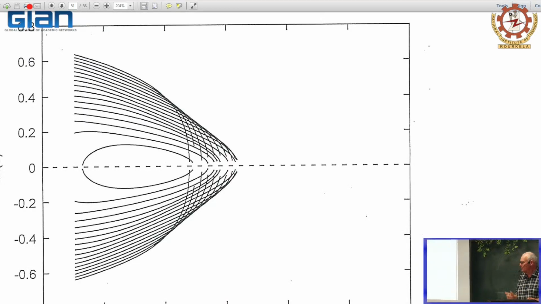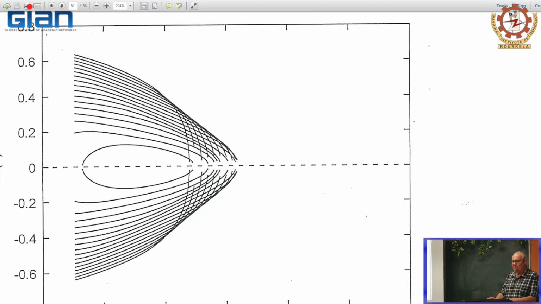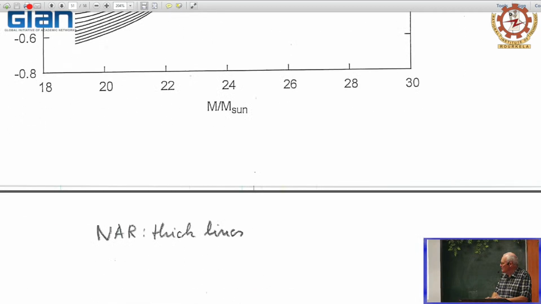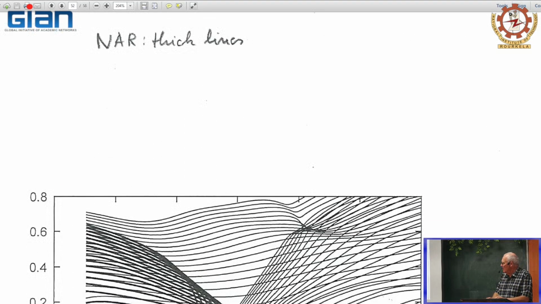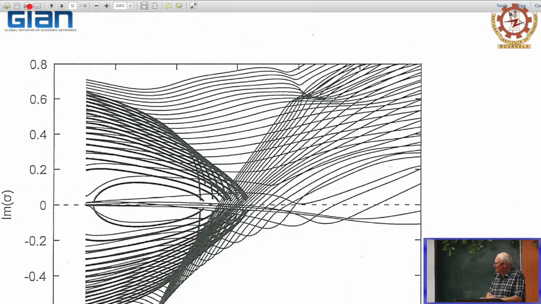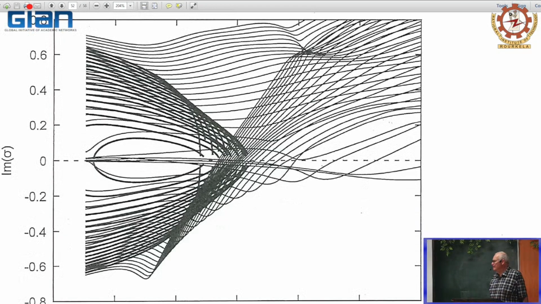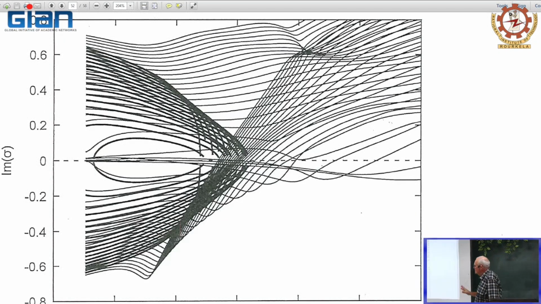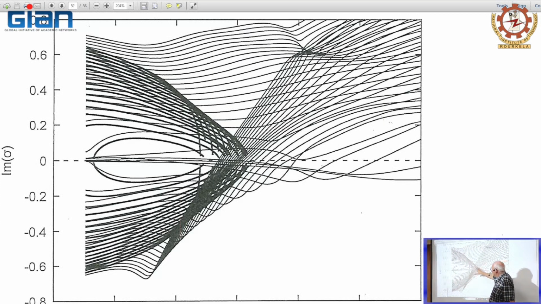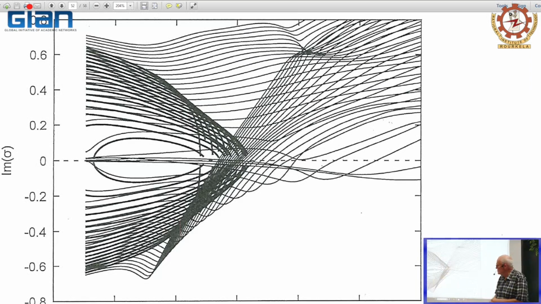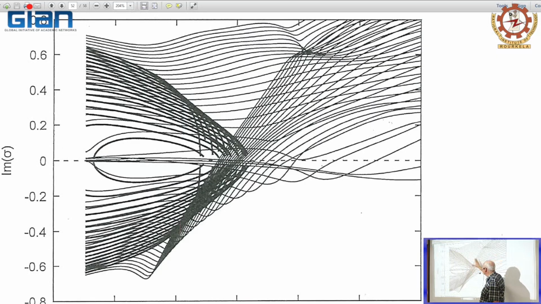Now let's superimpose the NAR approximation on the full problem to see whether the NAR approximation at least gives some feeling that this is the underlying instability mechanism. Thick lines denote the NAR approximation.